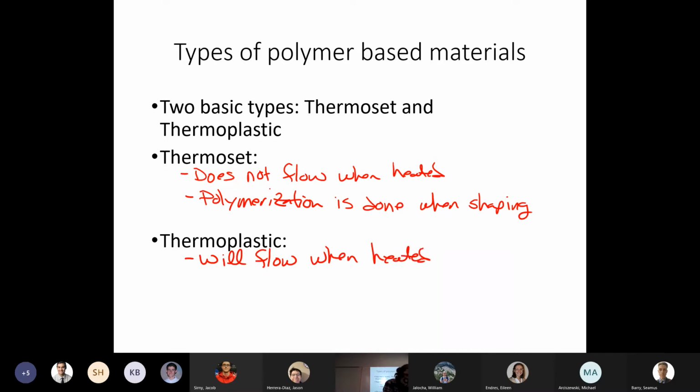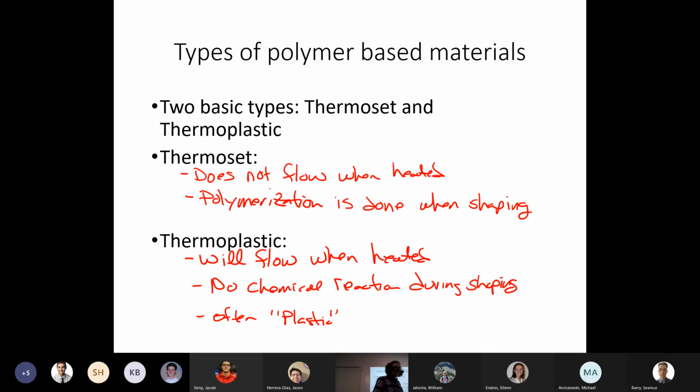We also see that there is no chemical reaction during shaping. And this is often what we refer to when we say plastic. If we say this is made out of plastic, we're usually referring to a thermoplastic.